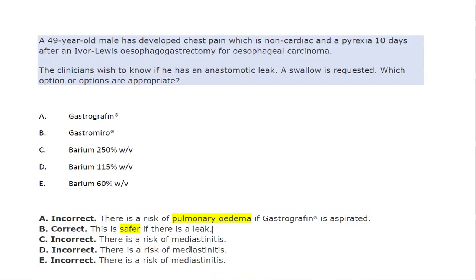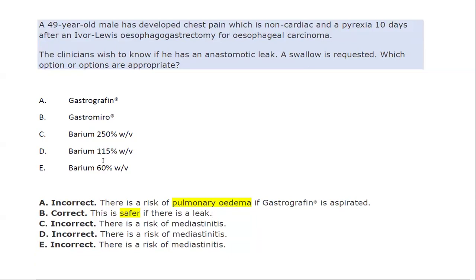Mediastinitis will be a complication if barium is given to the patient with an anastomotic leak. If the patient is unwell after surgery, he may aspirate, and may have pulmonary edema with gastrografin. So we are going to use gastromiro. Okay, thank you.